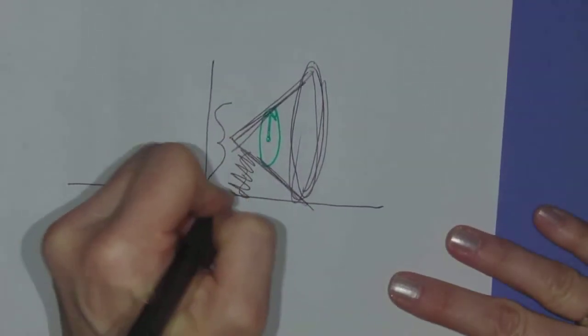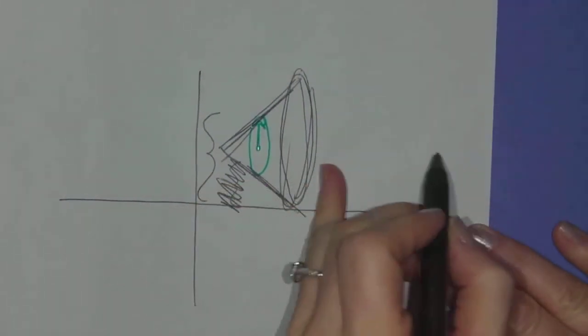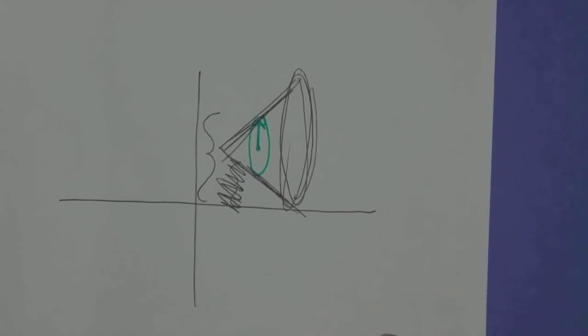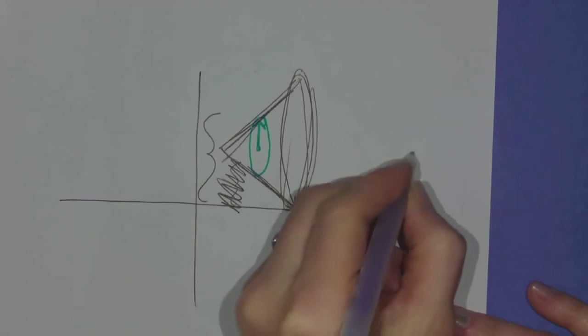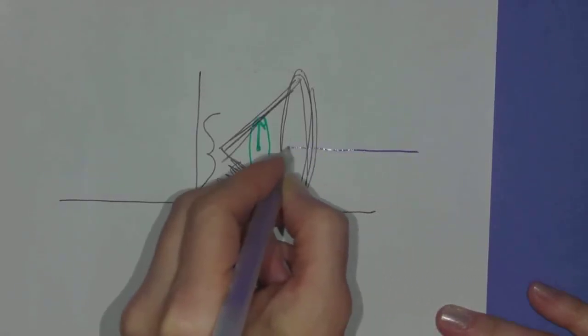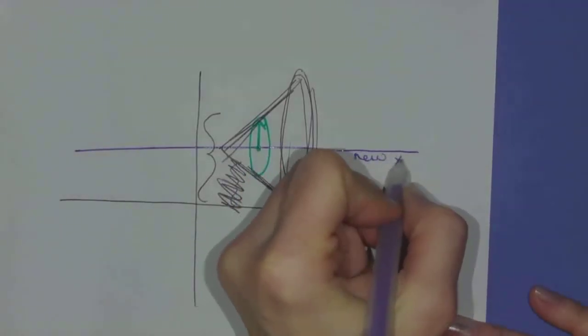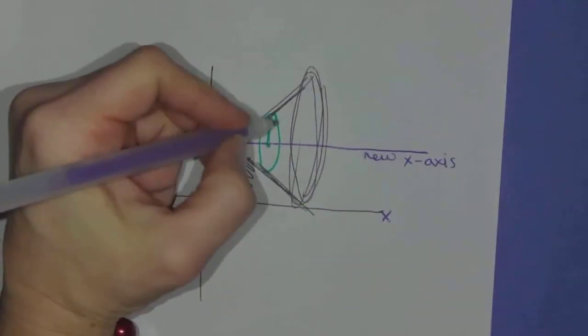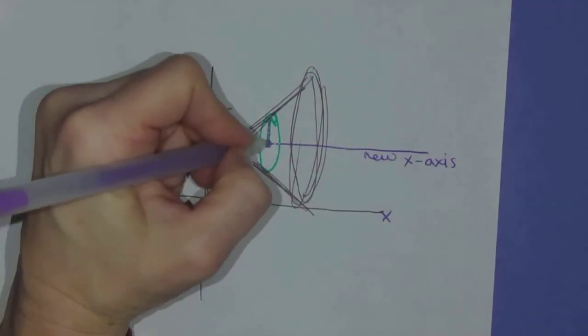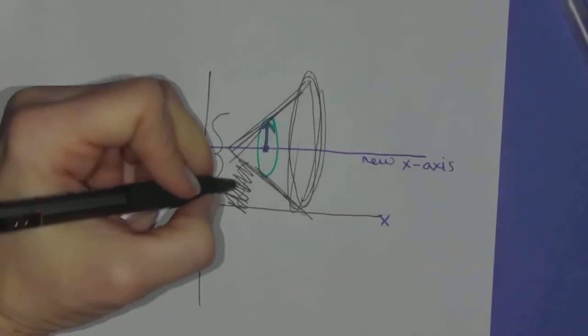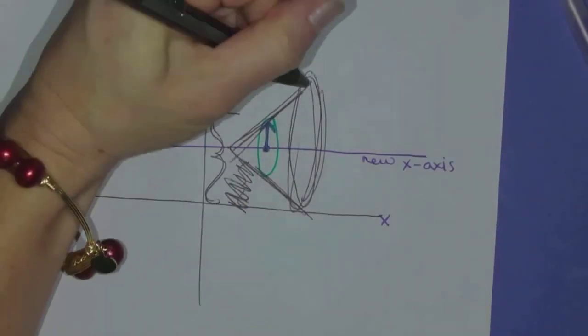Oh no, I did that wrong. Oh my gosh, what are you doing? No. Forget that bottom thing. What I really want to do here is, hold up, let me get another color. I forgot to move the x-axis up. So it's almost like you're here now. This was the x-axis. This will be the new x-axis. So now when you want to find the radius right here, you would take the top function, which is this guy.